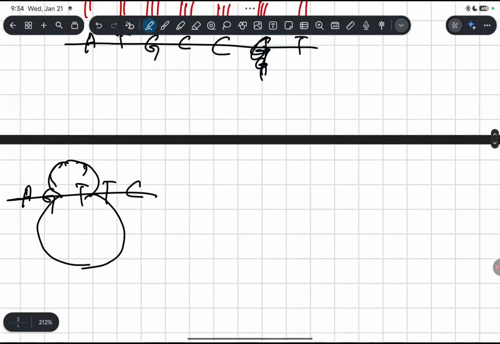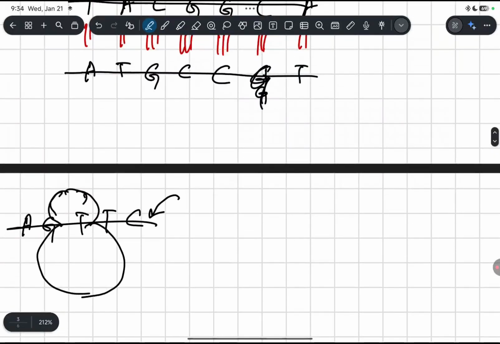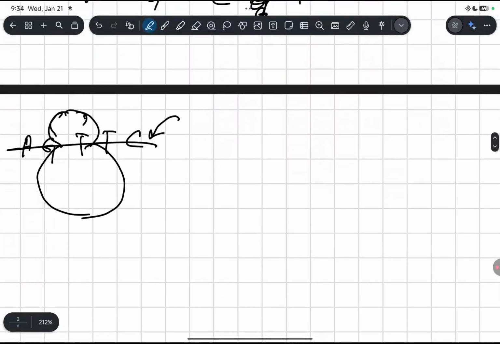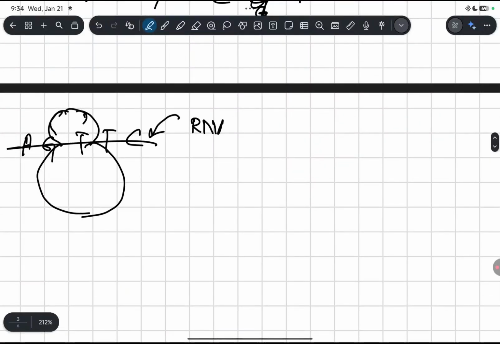This one stranded DNA is known as RNA, ribonucleic acid. Why ribonucleic? Because an oxygen atom is present over here.